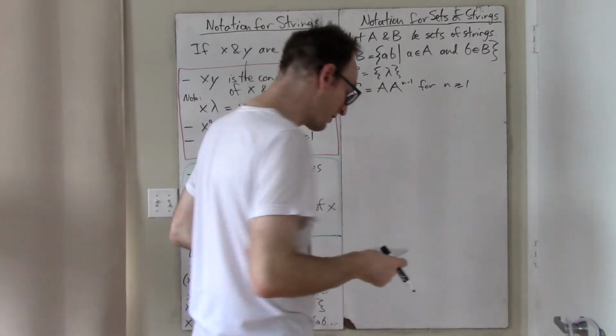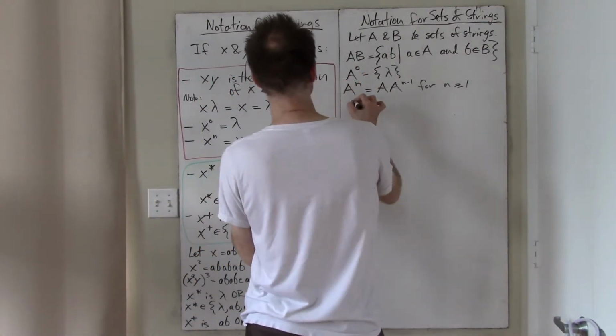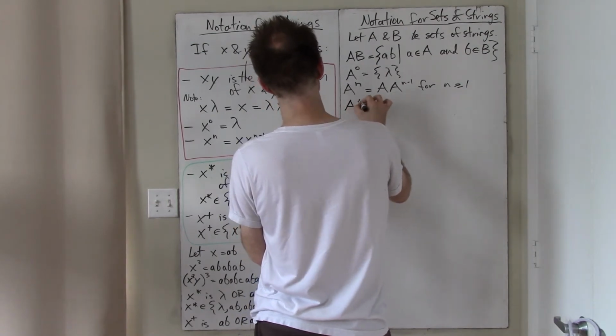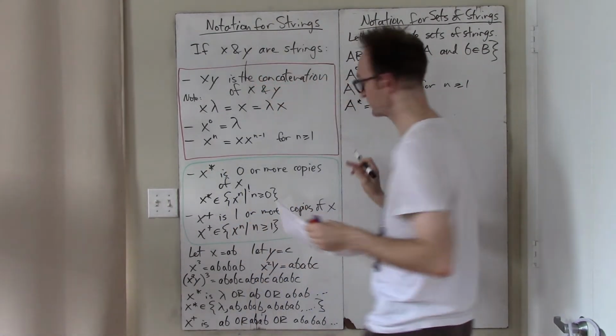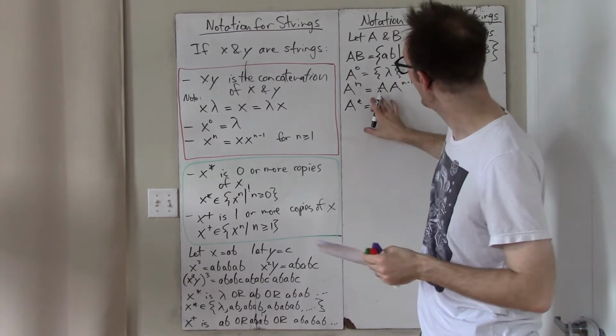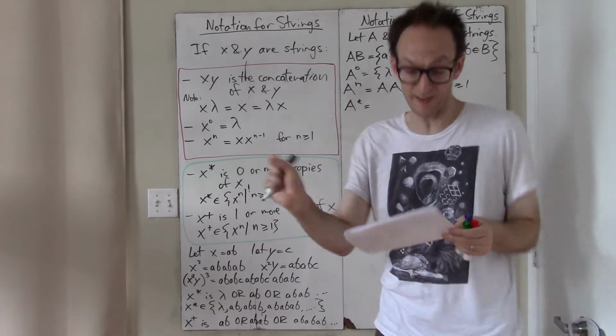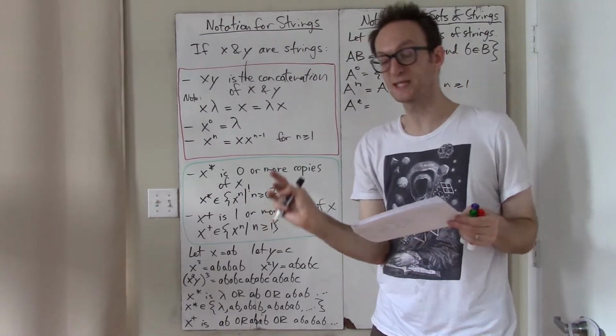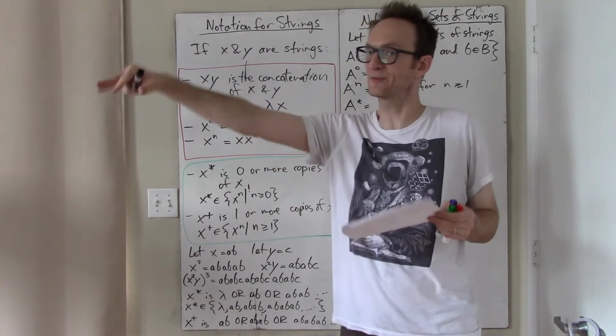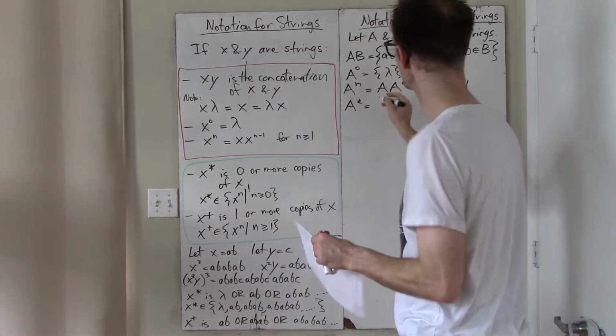Okay, and now I can be a little bit more precise about what A star is. So maybe this is the better way to introduce A star. A star is now going to be a specific set, the set of all the possible powers of A. So what is A star?